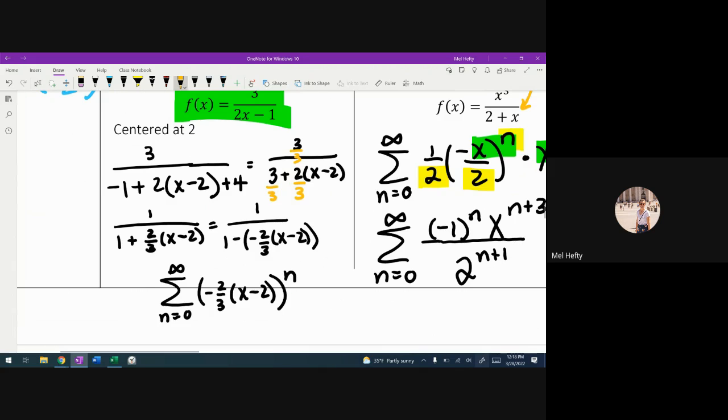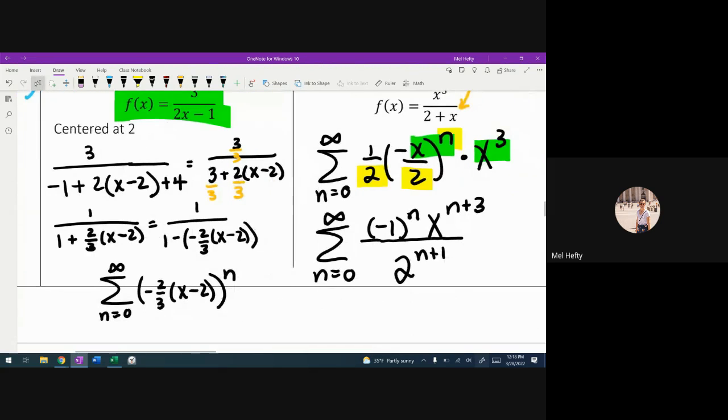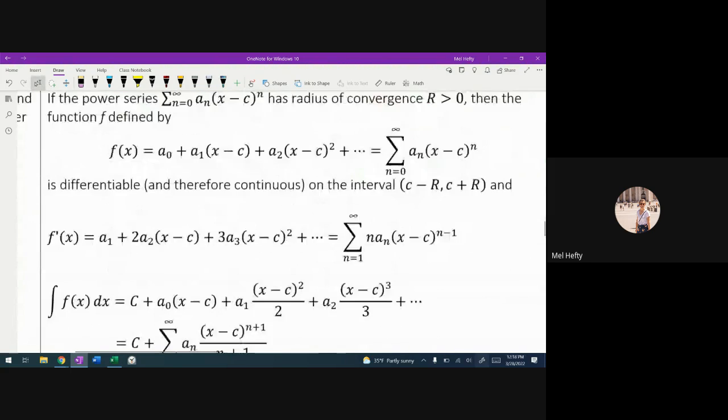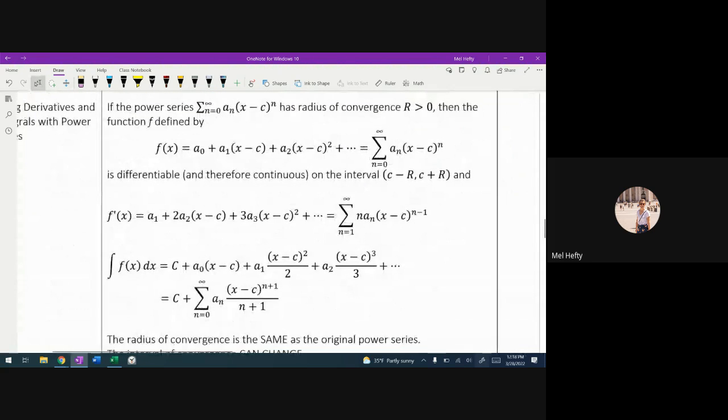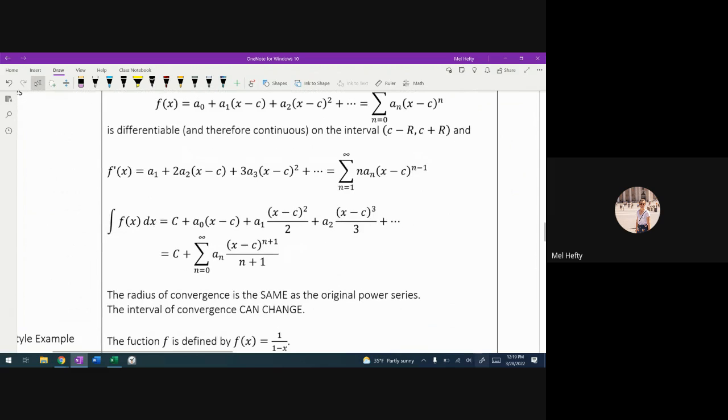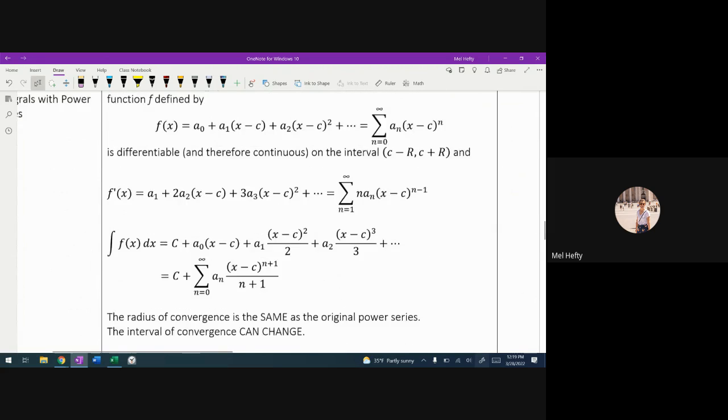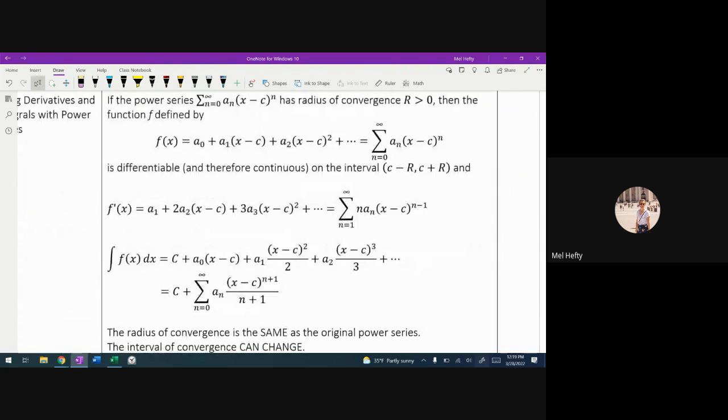All right. So I'm just going to comment on the next page. It has a lot of text on it. Really what we're talking about in this part is just if you have a given function and you end up taking a derivative of it or integrating it, and then they ask you to find the radius of convergence or the interval of convergence, all you need to know from this page, and we're going to skip the bottom, is that the radius will stay the same no matter how many derivatives or integrals you take.